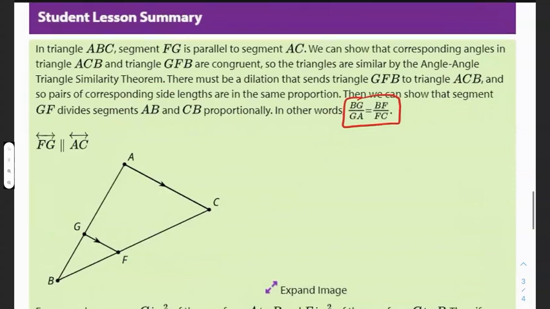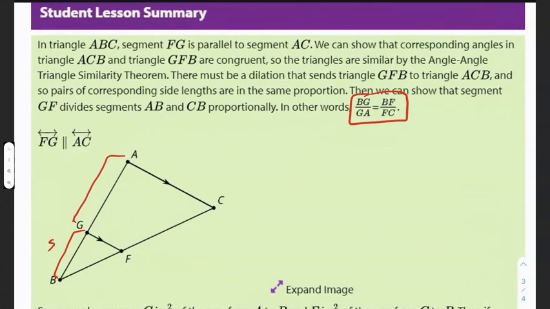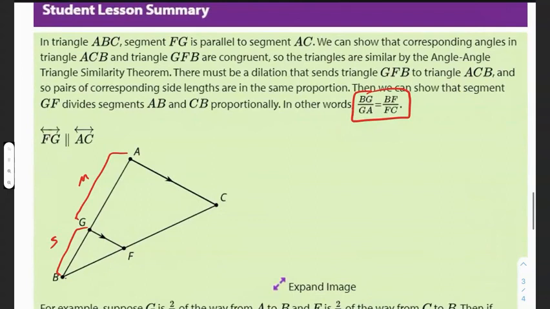BG, if you guys notice, is this side of the smaller triangle, and that is to the dilation of BG in terms of GA. Okay, so this small side is to the medium side, right? The large side would be the entire piece, okay?